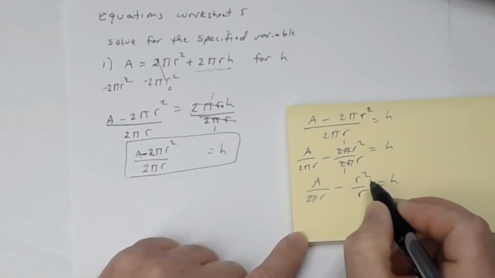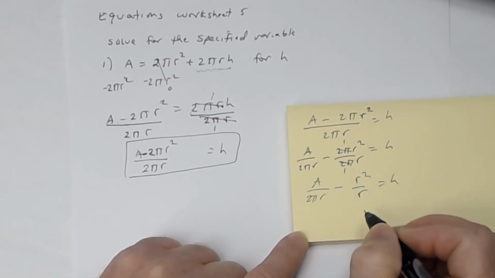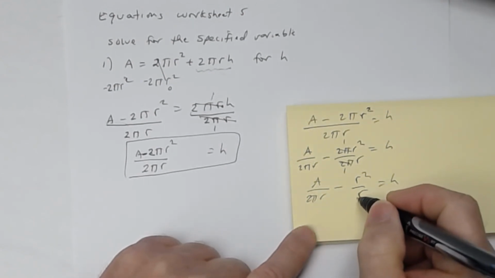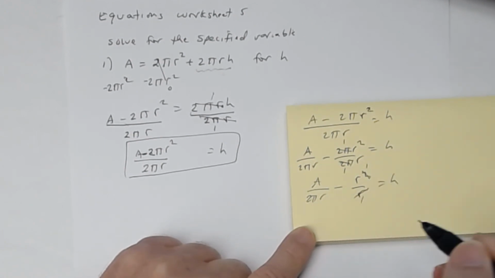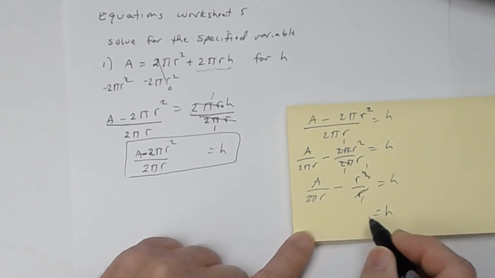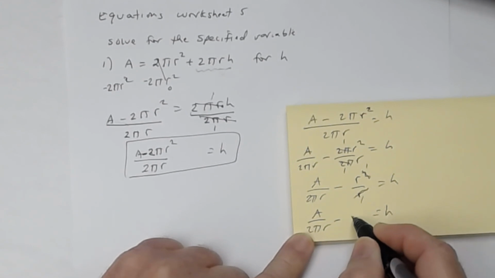But then you have to realize I have two factors of r here and only one factor of r here, so I can reduce that further. So r goes into r one time, and r goes into r squared just r times. And so your answer, if you were to go further, would be a divided by 2 pi r minus r.